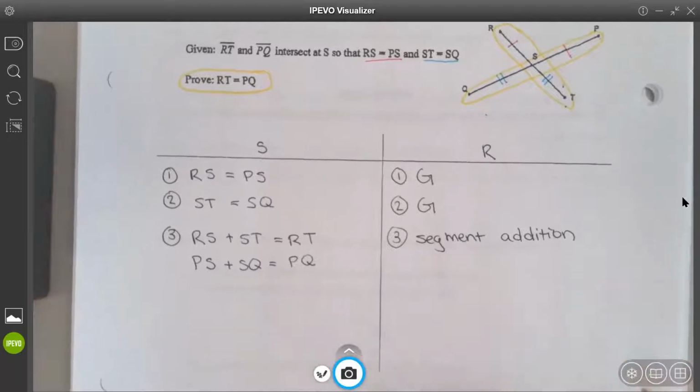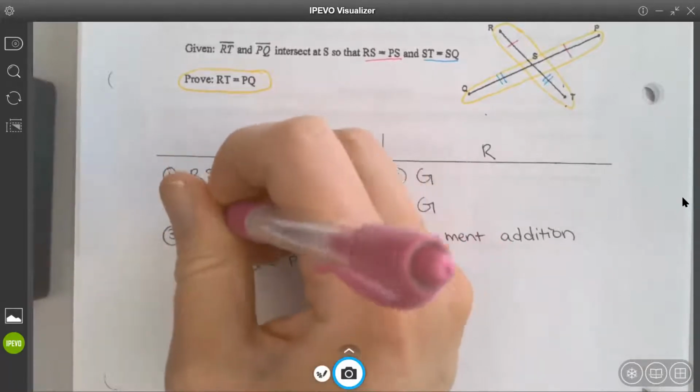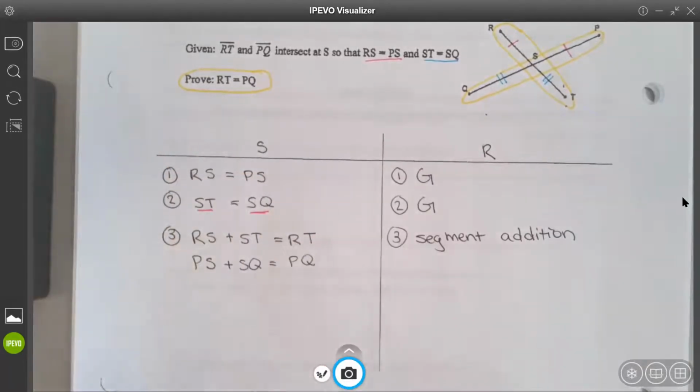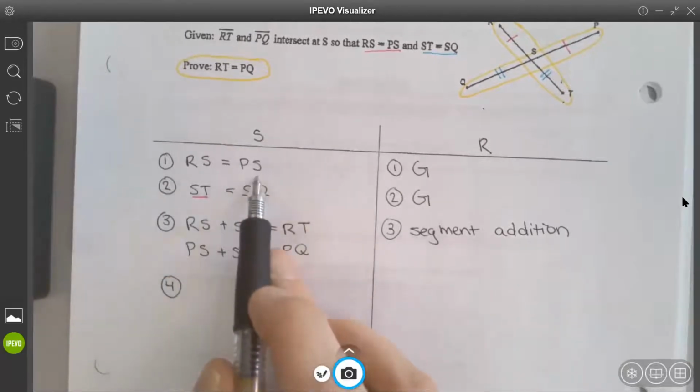This is using exactly that definition, but it's kind of hard to see because we've never done stuff like this before. So I know that ST is equal to SQ. And I also know that RS is equal to PS.